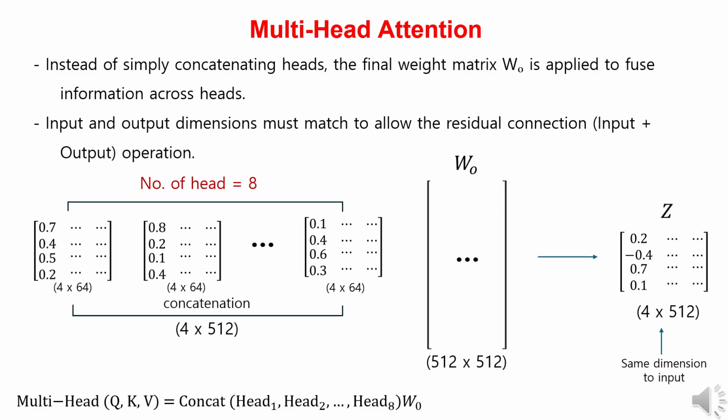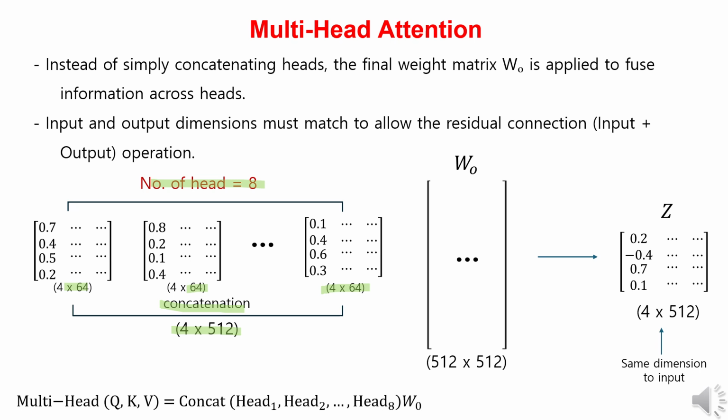From the previous step, we obtain 8 output matrices, each with dimensions 4 by 64, one from each head. When these outputs are concatenated along the feature dimension, they form a single 4 by 512 matrix. However, at this stage, the heads are simply placed side by side.